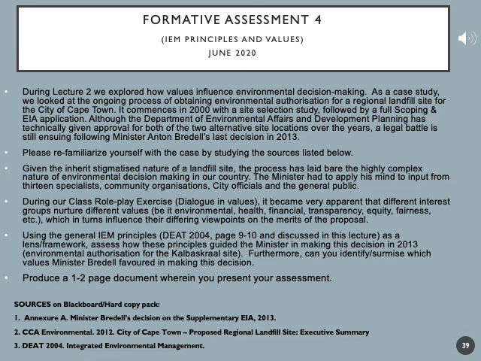So now I'm asking you to use the general EIM principles that we discussed in this lecture, the 19 principles, as a lens or framework to assess how these principles guided the minister in making his decision. Okay. Furthermore, I urge you to see if you can identify or surmise which values he favored in making this decision. Was it environmental justice, equity, health, etc.? Please present this in a 1 to 2 page document. Thank you.